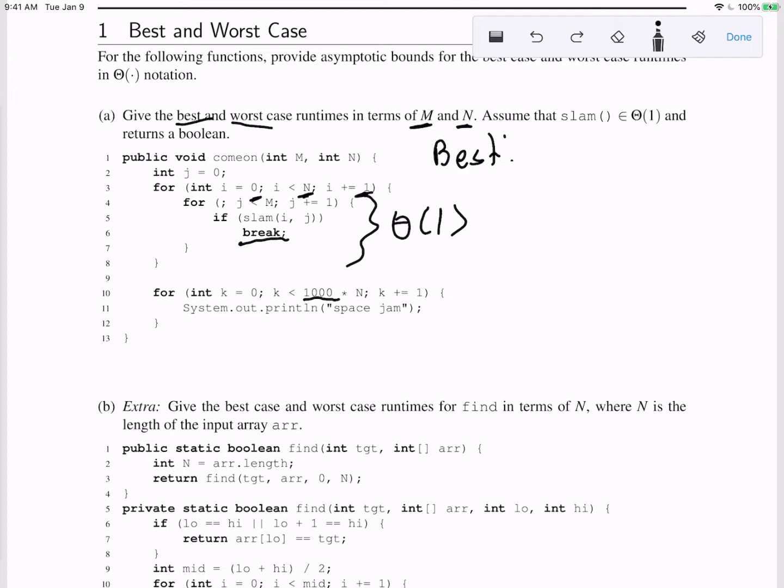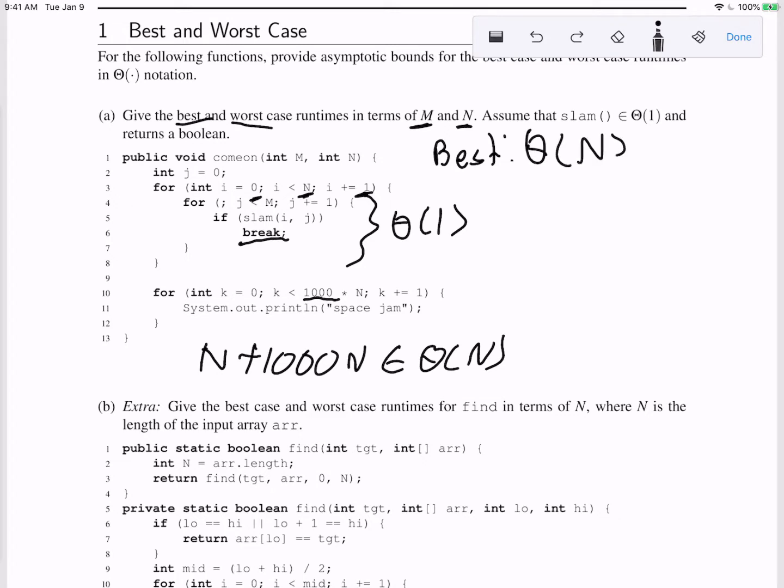The n from the top plus the 1,000 n from the bottom is theta of just n, right? And so that's what we write here, theta of n. Okay, cool. So that's the best case for this function.